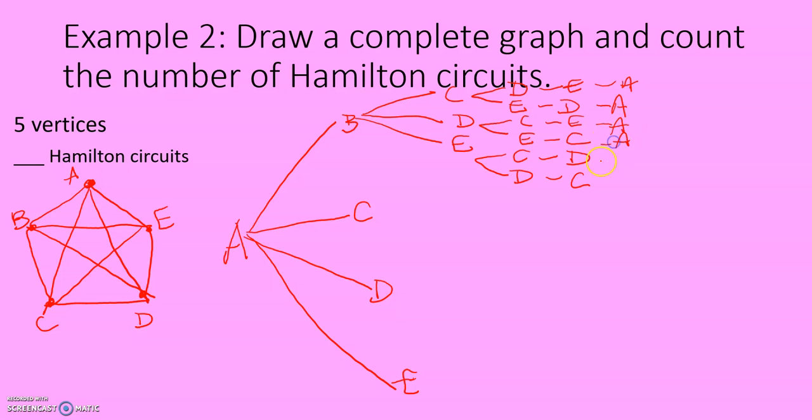This gives us 6 circuits from branch B. There will also be 6 from branch C, 6 from branch D, and 6 from branch E, for a total of 24 Hamilton circuits if there are 5 vertices.